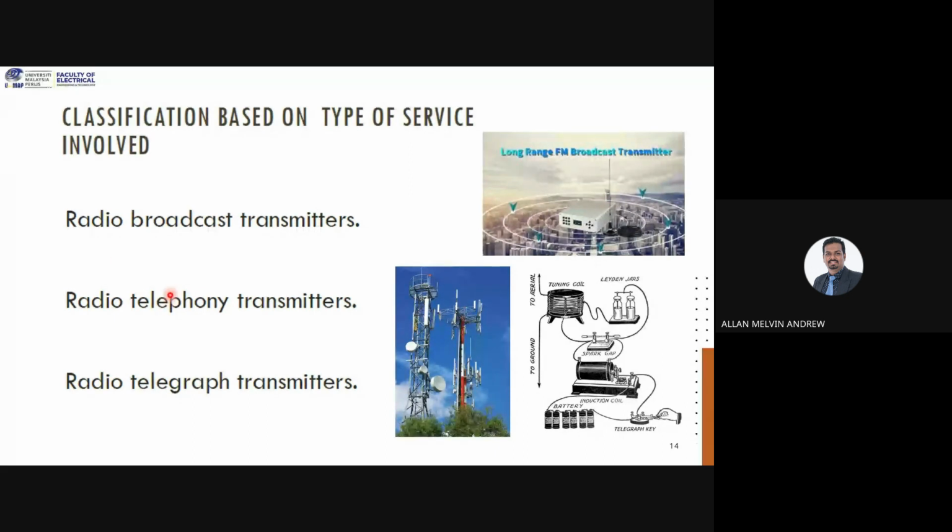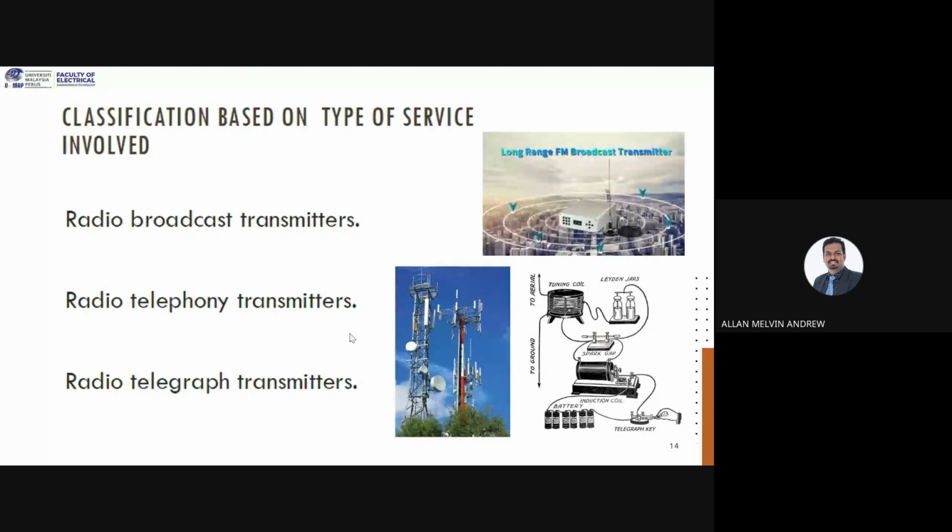So we have radio telephony transmitters attached to this. Then we have radio telegraph transmitters. This is a telegraph machine. The telegraph machine was used before telephones were invented, especially during World War One and World War Two, when telegraphs and Morse code were the common communication.